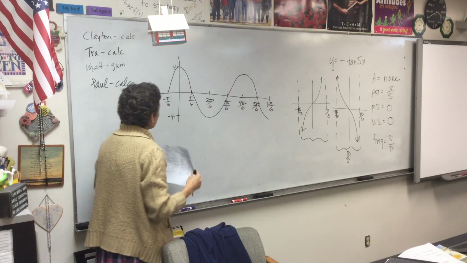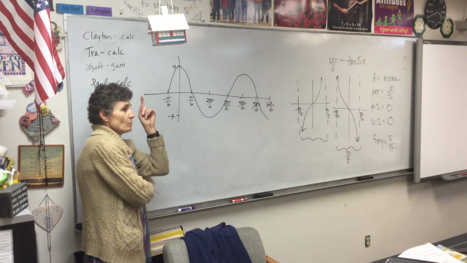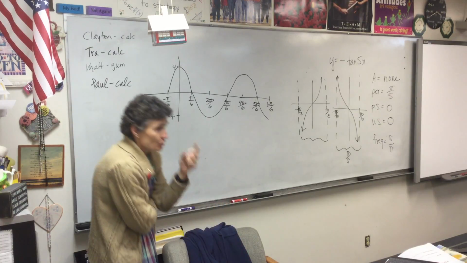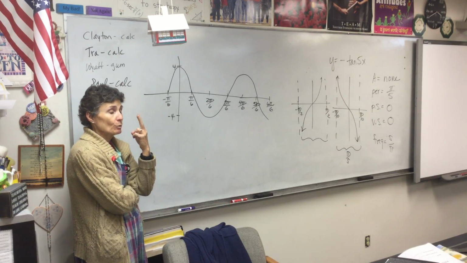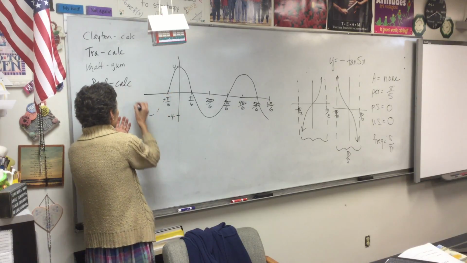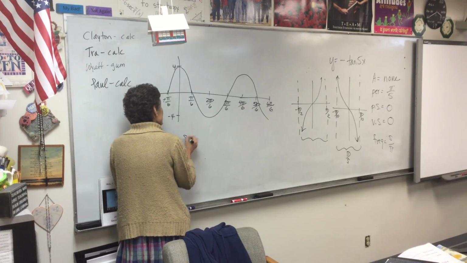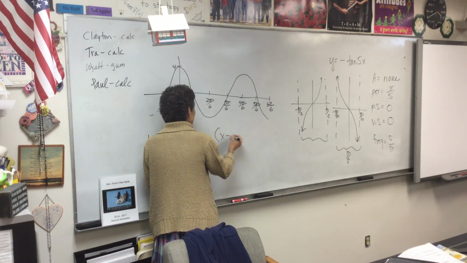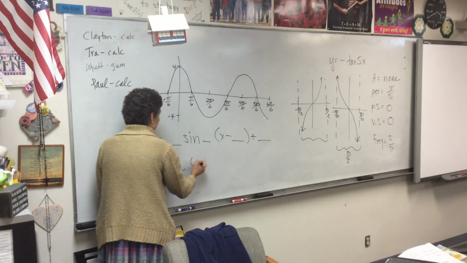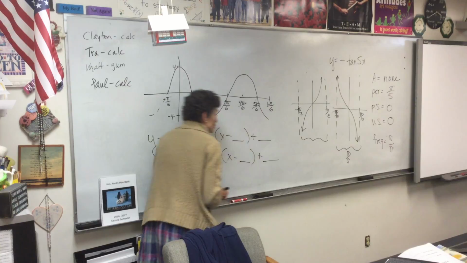Okay, so I'm going to write an equation of this. And what did we talk about yesterday? You're not writing just one equation, you are going to write 2. Because there's no way to tell by looking at this. It goes on forever and ever. There's no way to tell whether this is a sine equation or if it is a cosine equation. So you are going to have to come up with an equation for each.